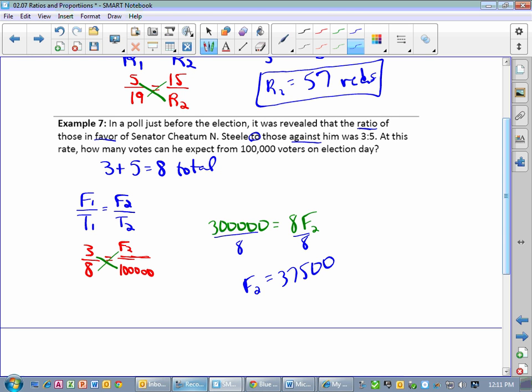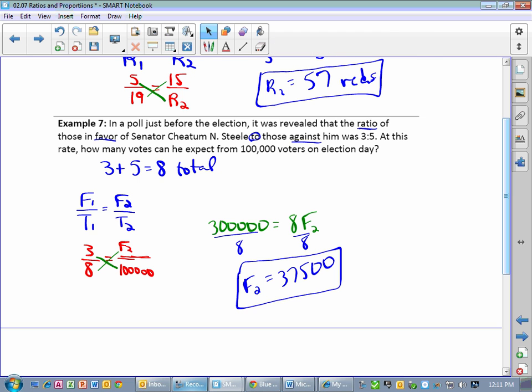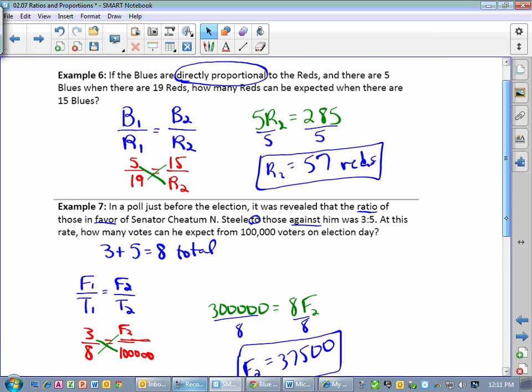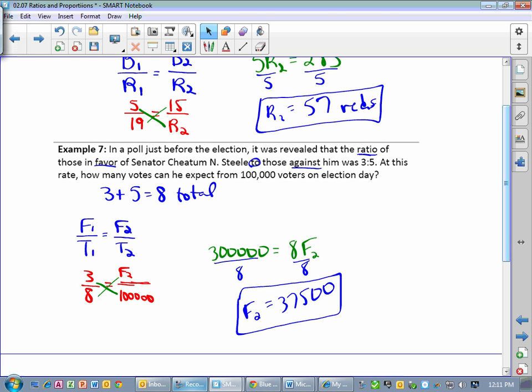So 37,500 people will vote for him. So notice the calculators can come in handy here as far as doing calculations. Not for a whole lot more than that though, right?